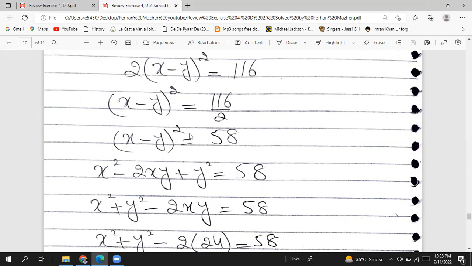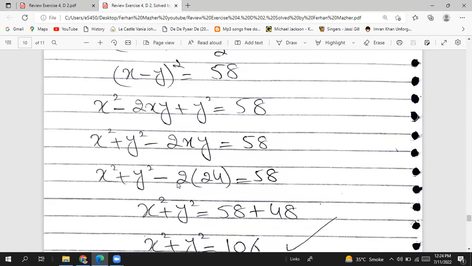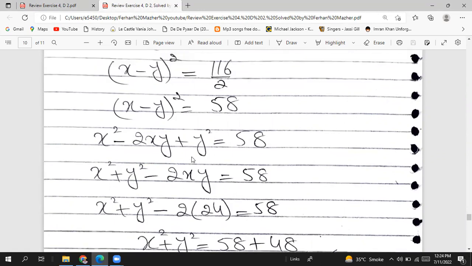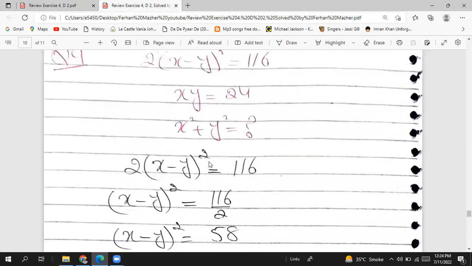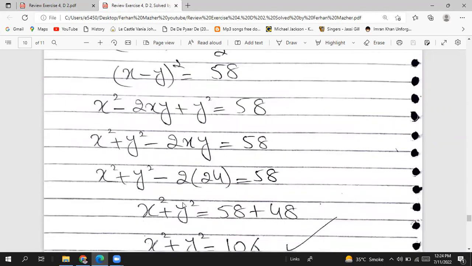So you know x minus y whole square will be equal to x square minus 2xy plus y square, which means x square plus y square minus 2xy equals 58. So we will have x square plus y square minus 2 into xy equals 58. The value of xy is 24, so put it here.